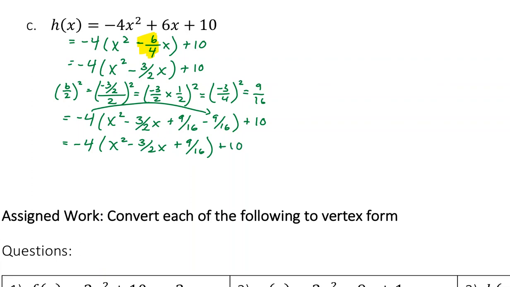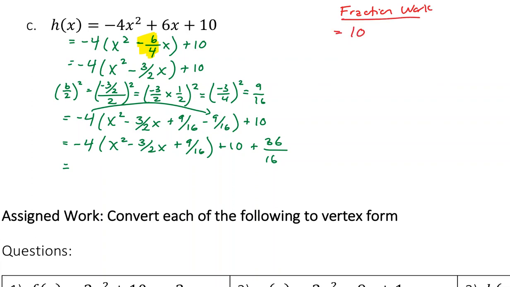And if you do distributive property, what you're going to be left with is 4 times 9, and this will be addition because you're multiplying two negatives. -4 times 9, 36/16. Okay, I'm also going to do a little fraction work here, just so I can save myself some space.